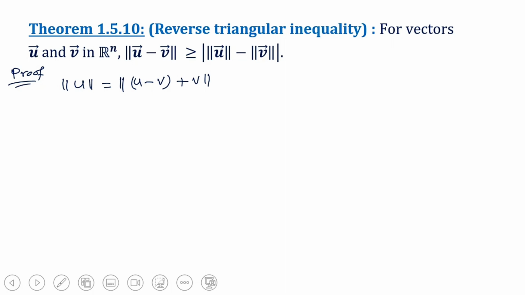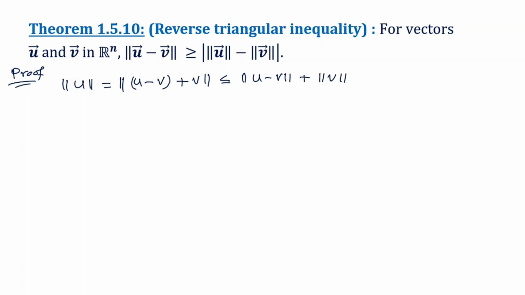This norm can be norm 2 or norm 1, we can apply it for any. So this is less than or equal to, by the triangle inequality, the norm of u minus v plus the norm of v.